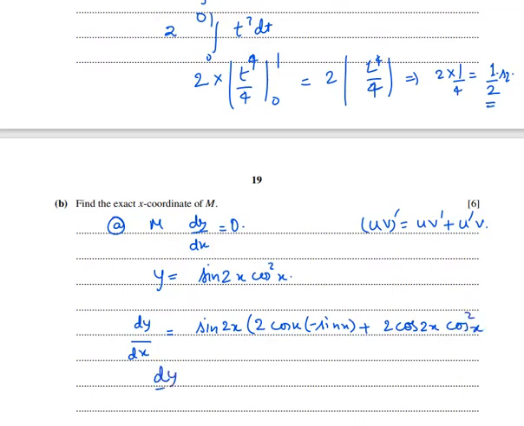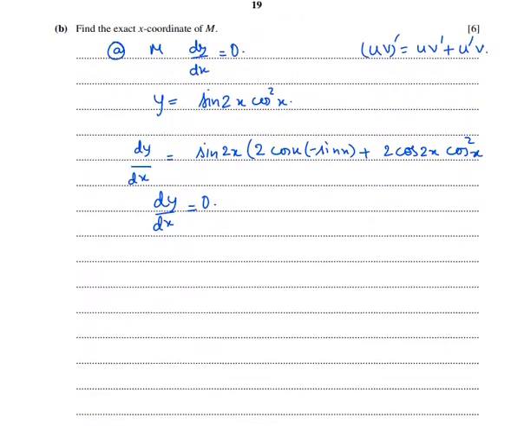Now equate dy by dx to 0 to get the critical point. This whole thing, 2 sine x cos x, can be written as sine 2x. So sine 2x into sine 2x with a negative sign, because 2 sine x cos x is sine 2x, plus 2 cos 2x cos square x equals 0.